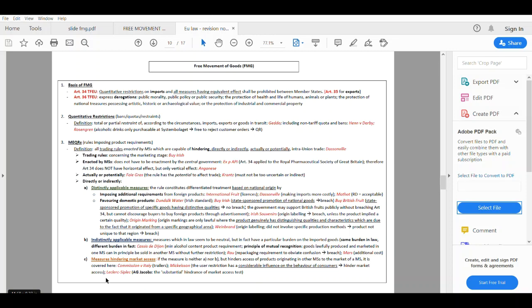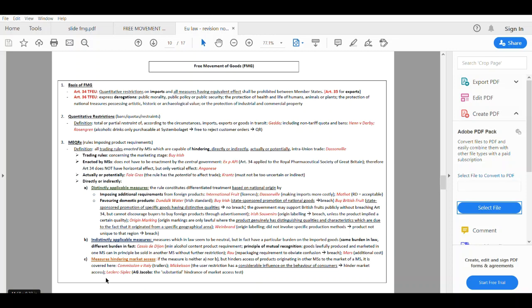It was said that product requirements affect the goods themselves, while selling arrangements don't require any change to the product itself, but only restrict the way it is marketed. It was held that product requirements should be governed by the existing rules under Article 34 and should be prohibited, but selling arrangements fall outside the scope of Article 34 and are legal.